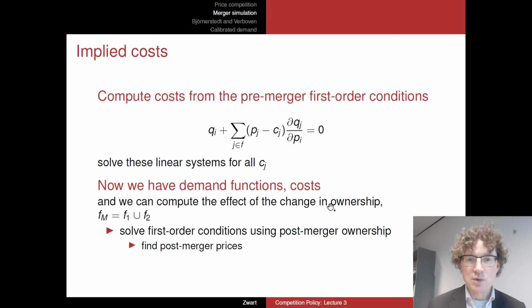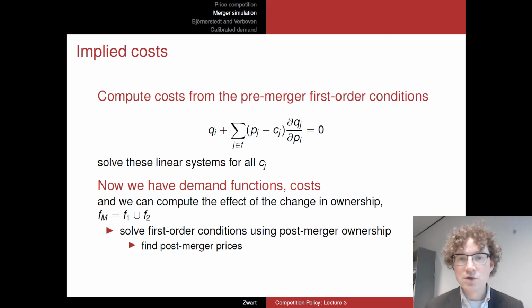We're going to look at the effect of the change in ownership. So we're going to make sure that we now have one merged company which combines all the products that used to be in company 1, say Sara Lee, and in company 2, those products of Unilever's.